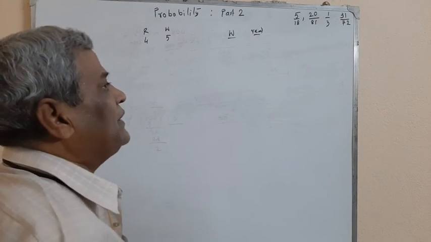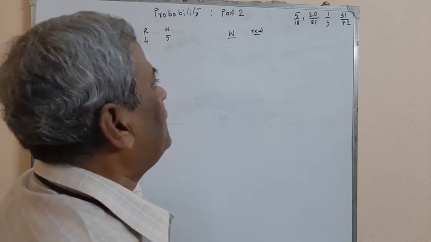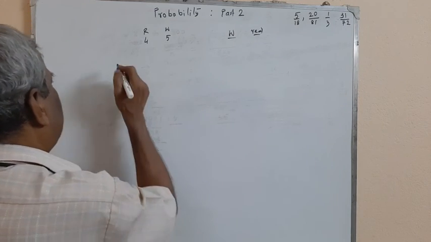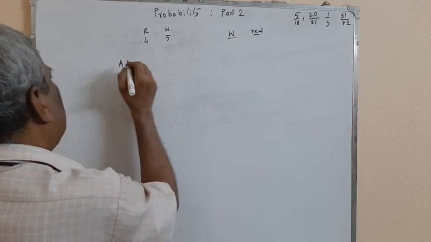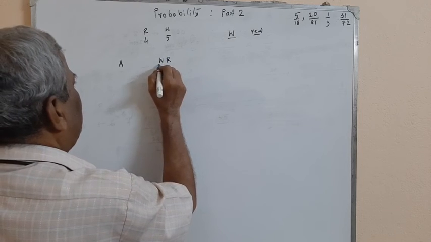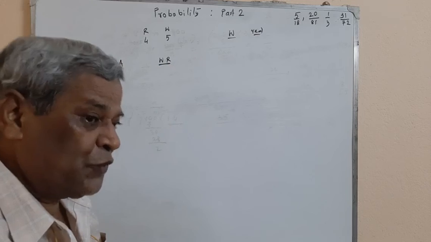Then we have to find the probability that first ball will be white and second ball will be red. Suppose A is the event that first ball is white and second ball is red.